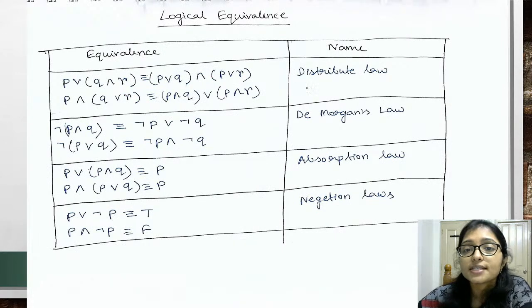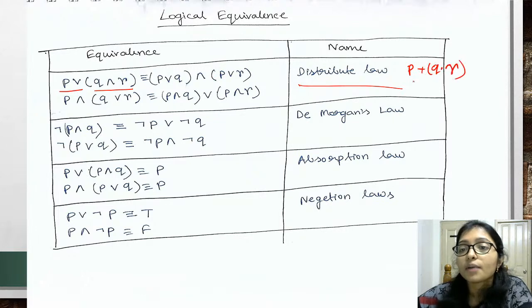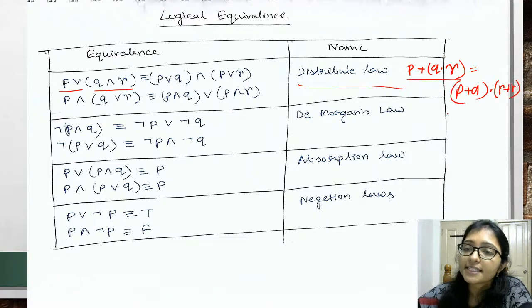Now the next rule is distributive law. Distributive law, I think we have already discussed. This is the distributive, means here P or, and inside there is AND. Means what we are doing? P plus Q dot R. So what is it coming actually? We can write P plus Q dot P plus R, right?